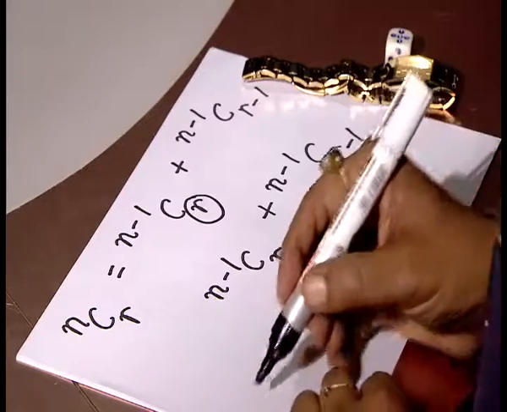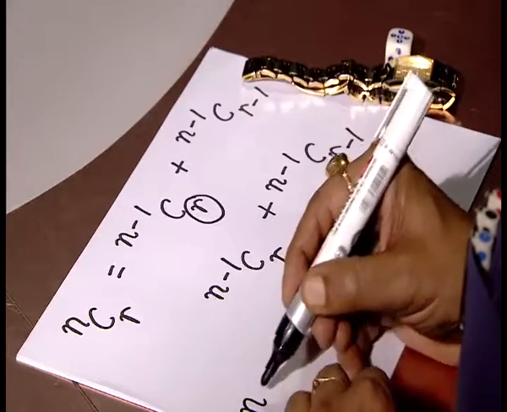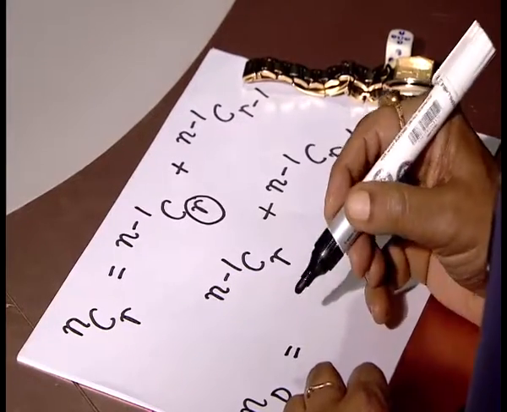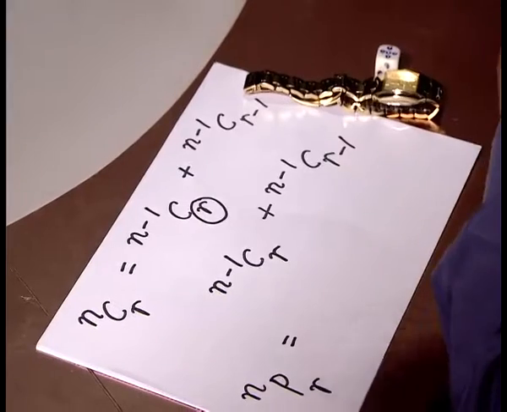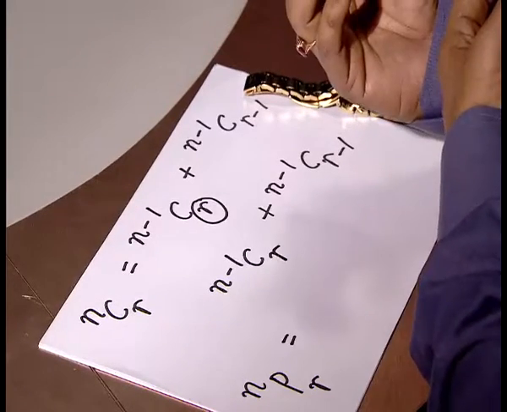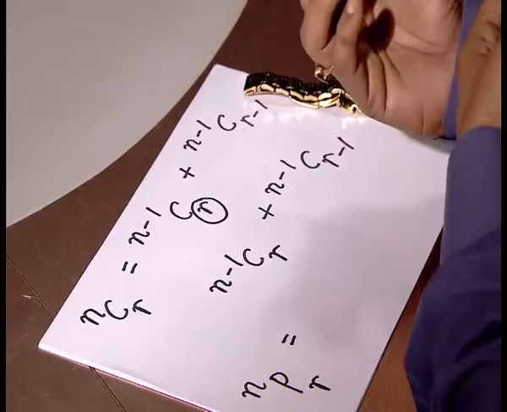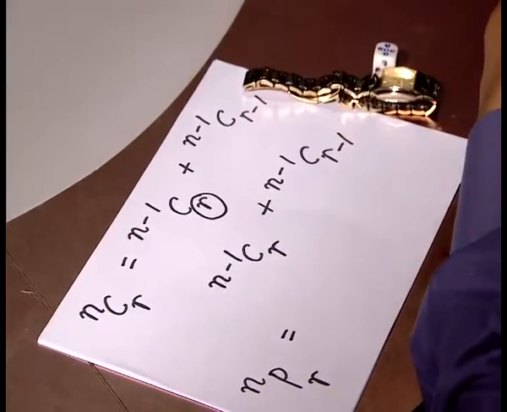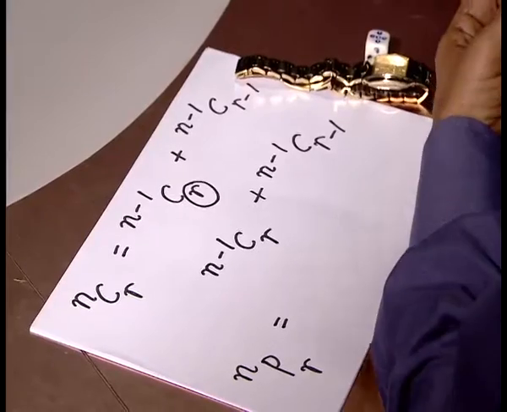Had it been the case of permutation, well, again permutation of n things taken r at a time would contain these two kinds of combination. That is, in one particular permutation, one particular thing will not be there, and in the remaining permutations, that particular thing is always there.